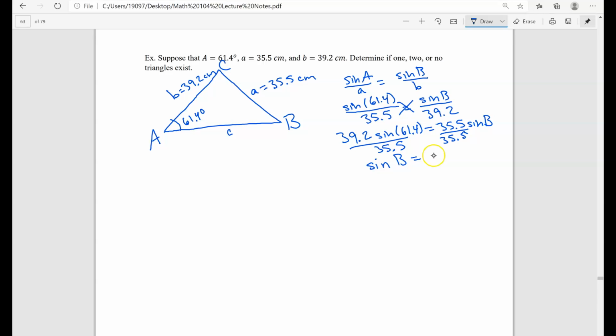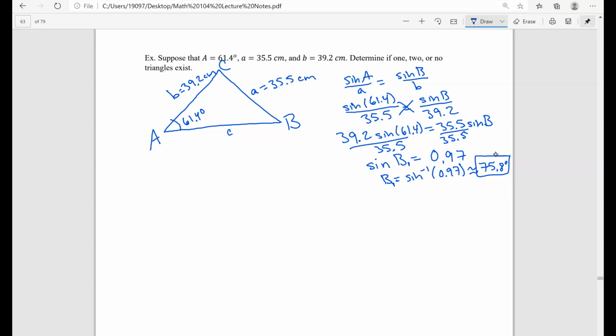So that's going to give me 0.97. Okay, so that's good. That means we're going to be guaranteed a triangle, so that means it's going to be your B1. So sine inverse of 0.97. What I ended up getting was about 75.8 degrees.